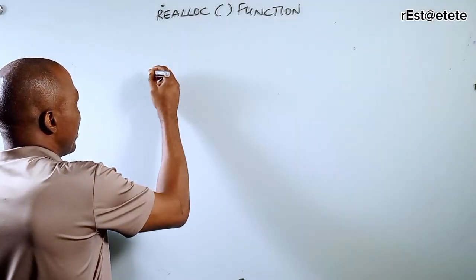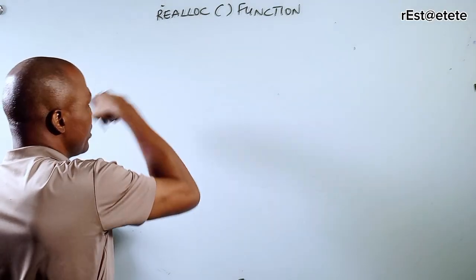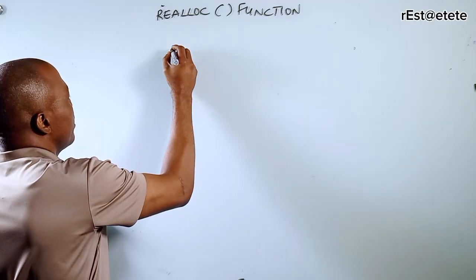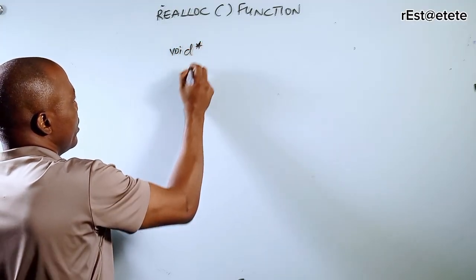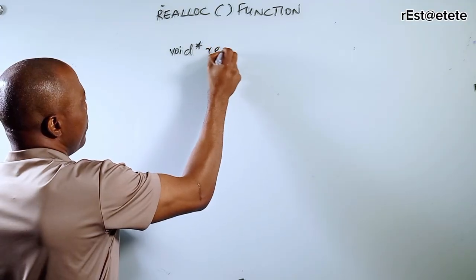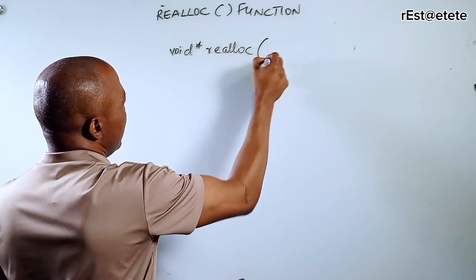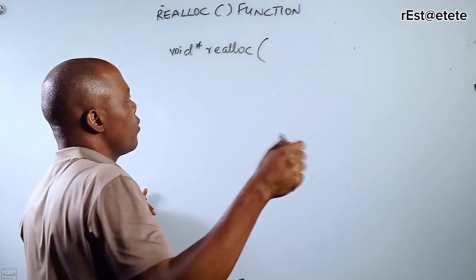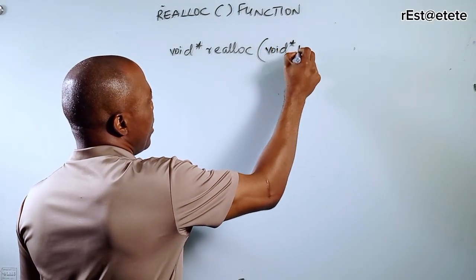So what is the syntax for realloc? This is reallocation of memory. So what is the syntax? So we say void pointer realloc, and then inside it we'll bring in void pointer, which is what?